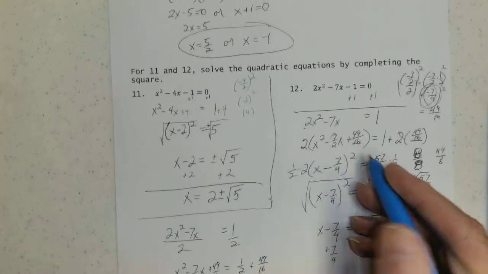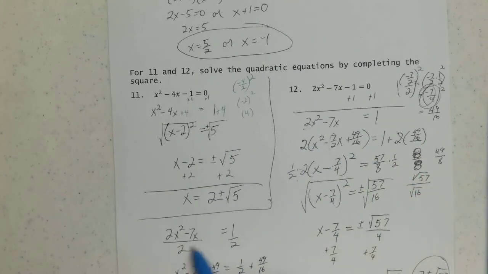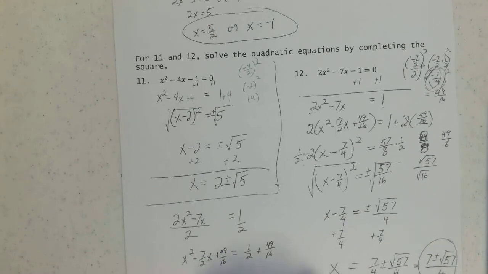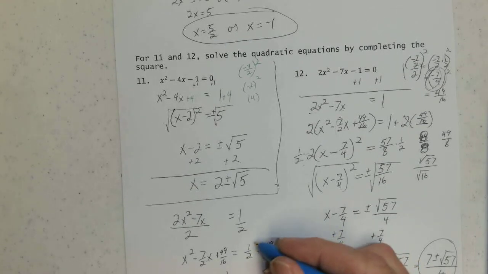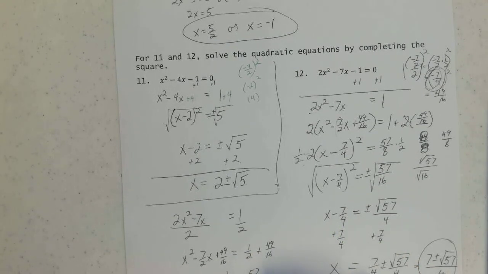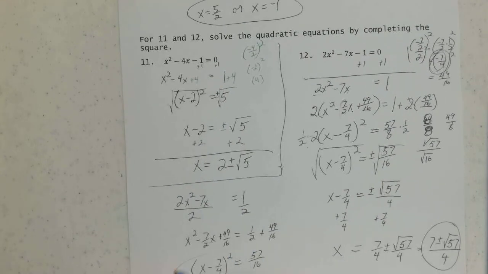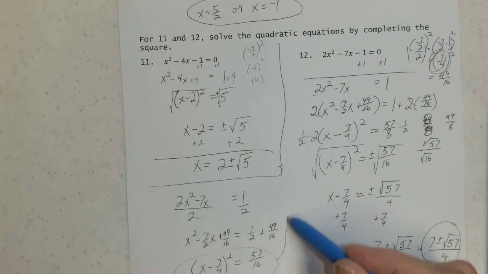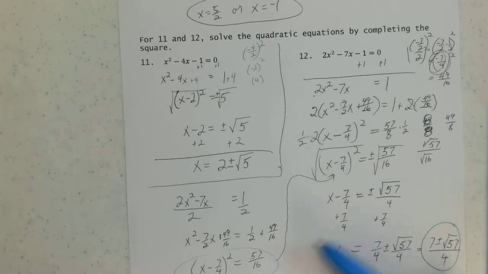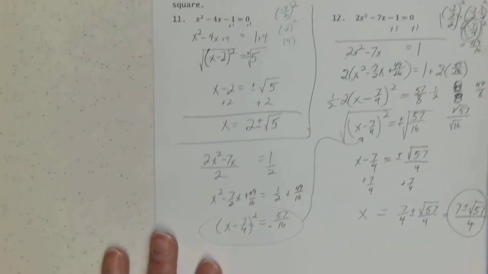I don't have to do it times 2 because I've divided through by 2 already. And then we know this is x minus 7/4 squared. Just going off the work we had before, equals 57 sixteenths. That just seems like I got there a lot easier with this by dividing by 2 first. So that's an option. That's an option.